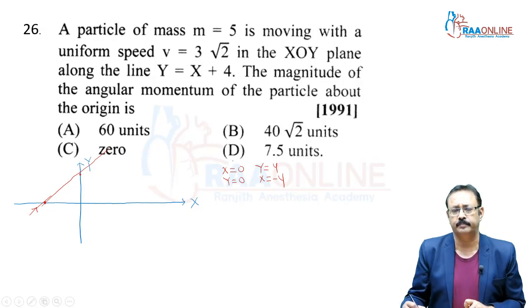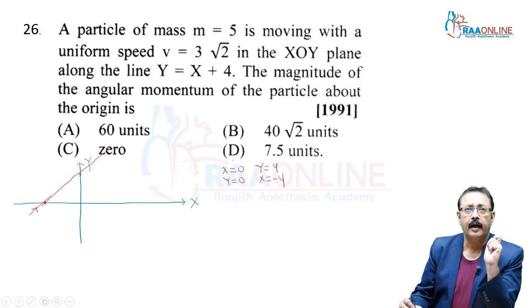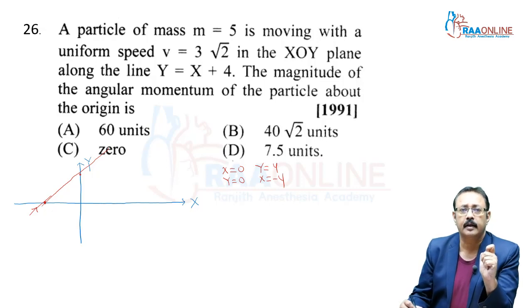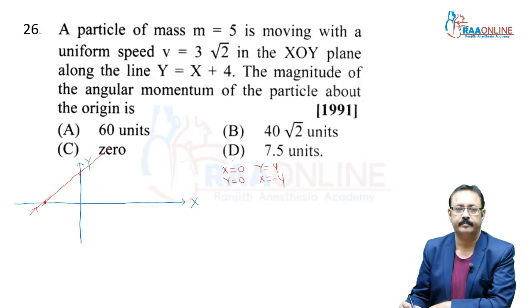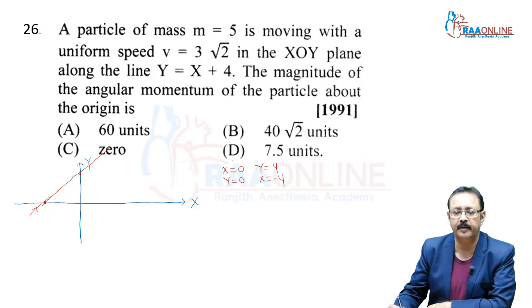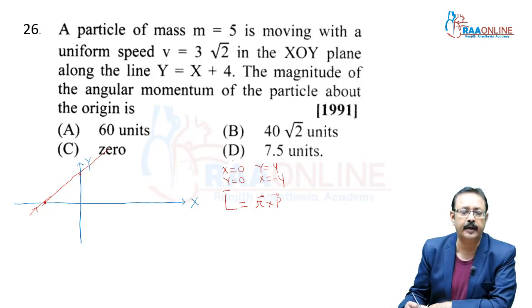What is angular momentum? We are saying angular momentum is moment of momentum. So moment of momentum means L is equals to P cross R. Now you are going to calculate. Find the perpendicular distance of this line from the origin, because the particle is moving on this line.